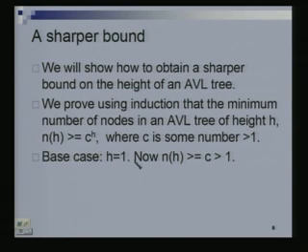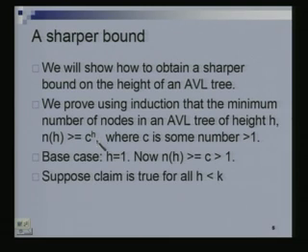Right, we'll have to perhaps redefine the height of a tree here. Right, I think maybe we should have c of h minus 1 or some such thing. Okay, we come back to this.